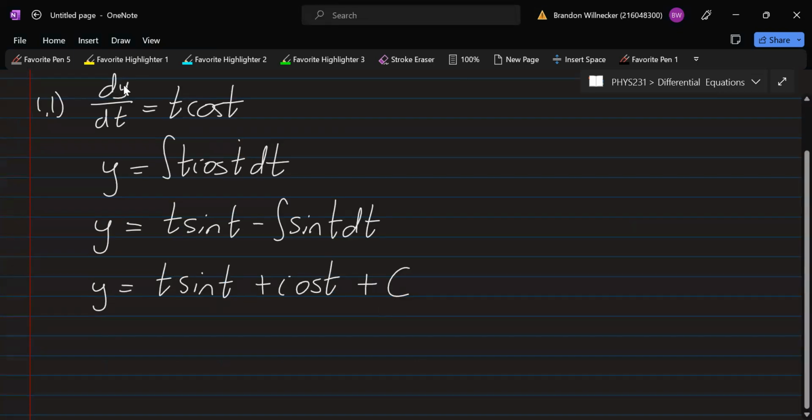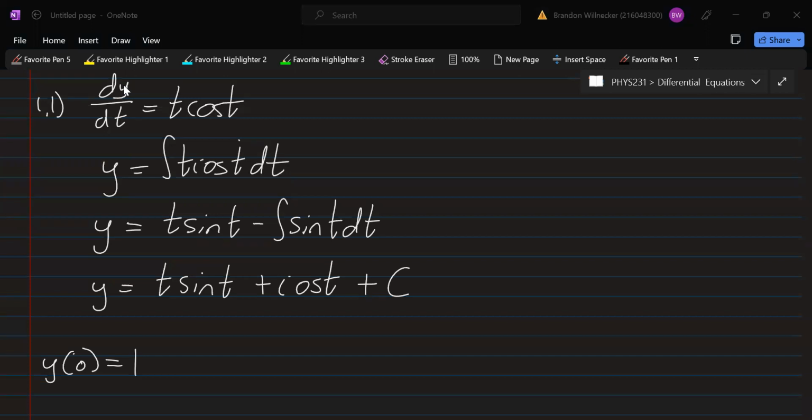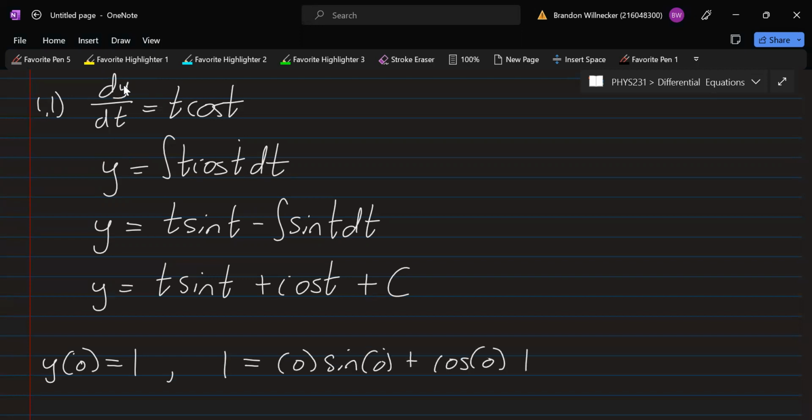For example, if y at 0 is 1, then we can substitute this in and solve for c. So we have 1 is equal to, t is going to be 0, so 0 sine of 0 plus cos of 0 plus c.